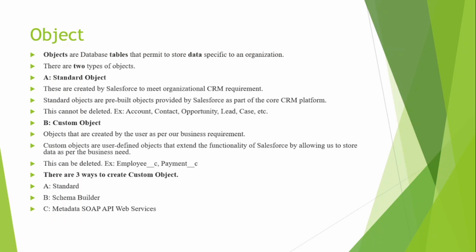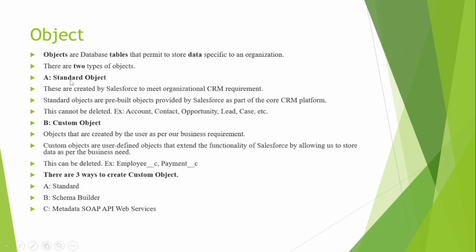Specific means here a sales organization is holding sales type of data, and a service organization is having service type of data. Like Hyundai is selling cars, so they are going to store information according to their business need, related to car information. Different types of organizations hold different types of data, according to their business.